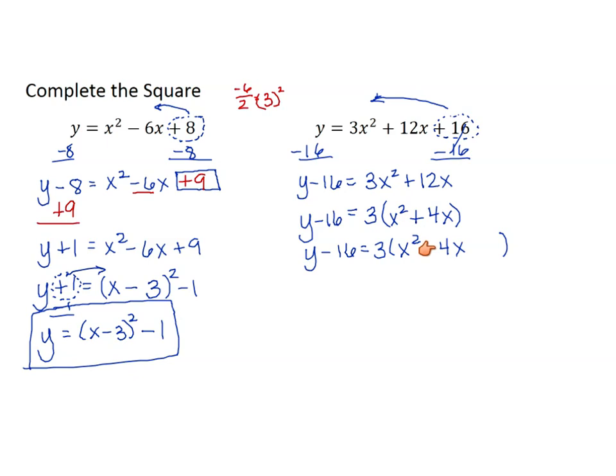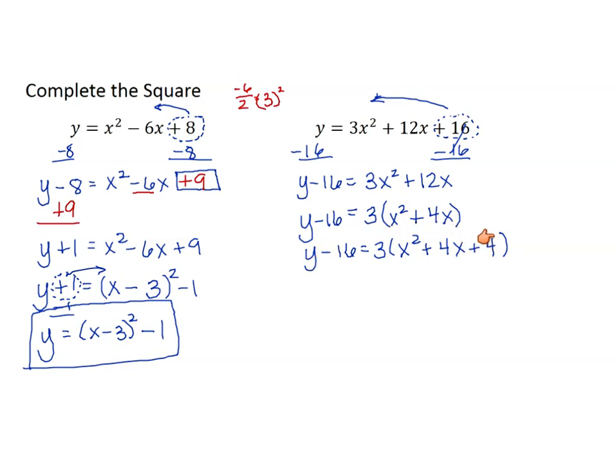So I take my middle term, I take half of it, half of 4 is 2, and then I square it. 2 times itself is 4. Now be careful, because you may be tempted that since you write plus 4 over here, you want to write plus 4 over here, because you have to do the same thing to both sides, right?